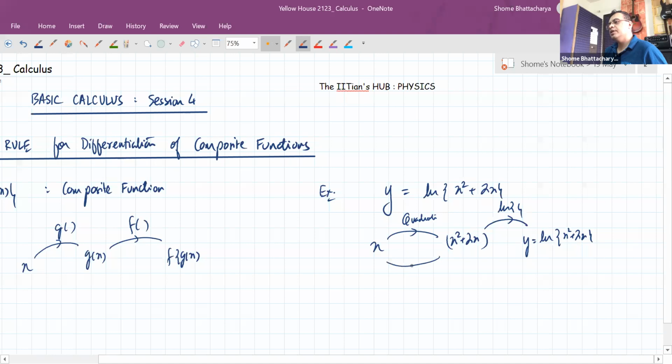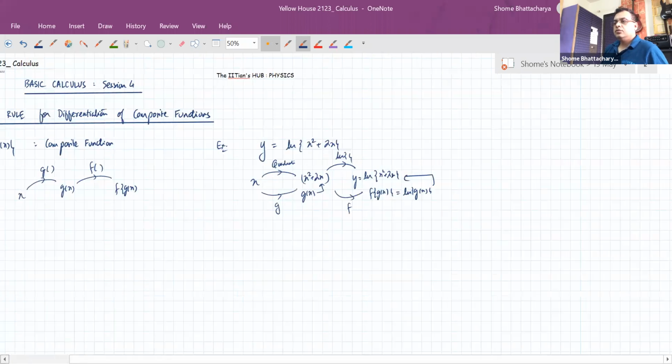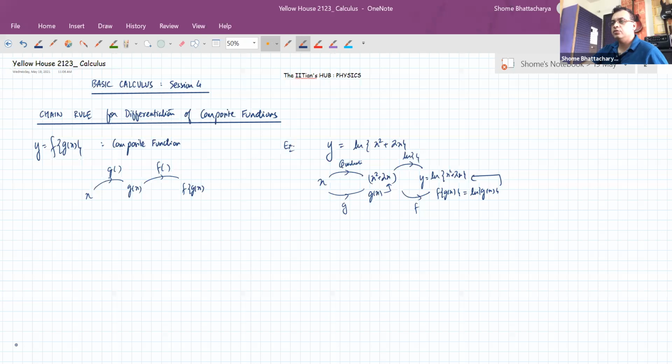So you can see that when we are operating the function g, we're getting g(x) equal to this quantity, and on that when we are operating the function f, we are getting f of g(x) as natural log of g(x), which further is this thing. Okay. So this is how we understand from a given function that it is composite in nature, that to calculate the value of y from the value of x, we have to do more than one step.